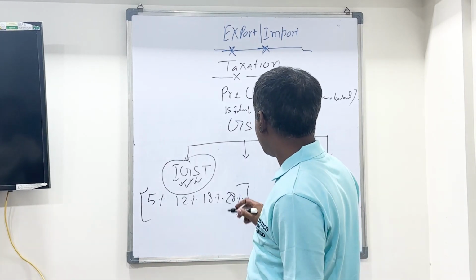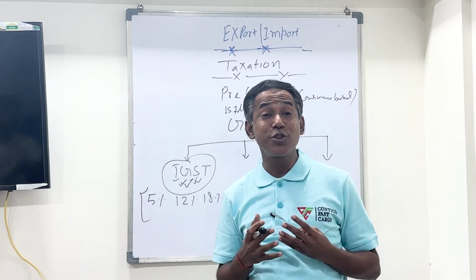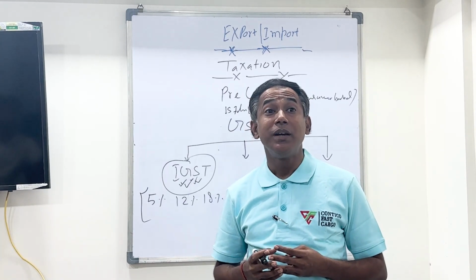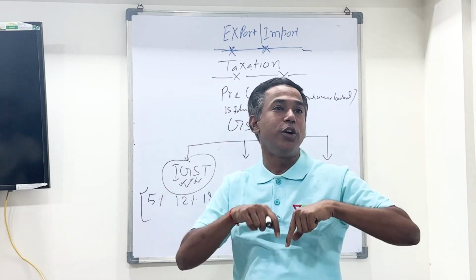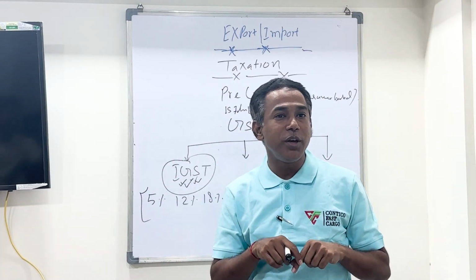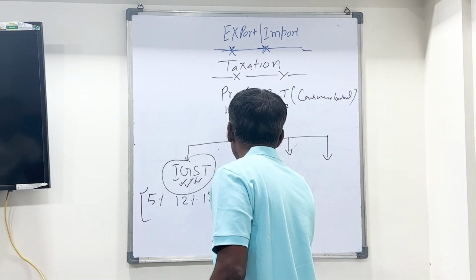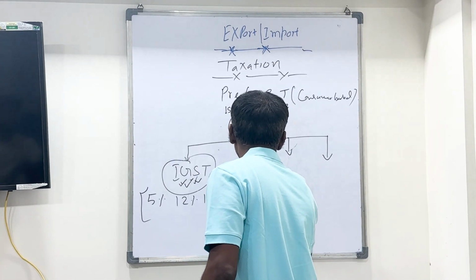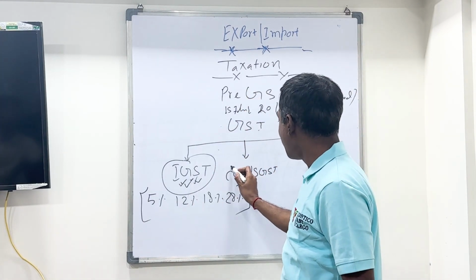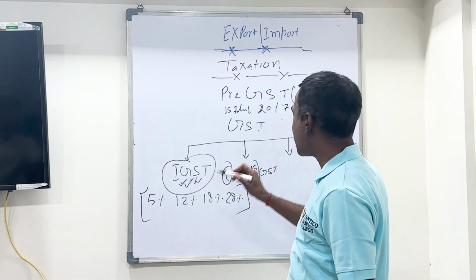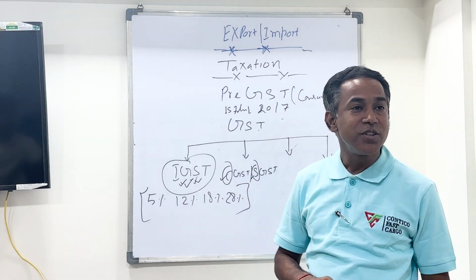Now the state was also collecting taxes, so the state also had to be given a benefit. So the central government said that okay, state tax will remain in the state. How will it remain in the state? They divided the state tax into CGST and SGST. You can understand with the same simple terms: C remains with the center, S remains with the state.